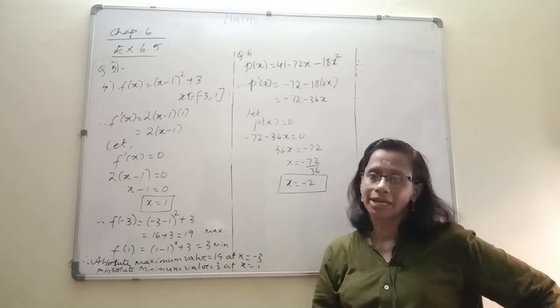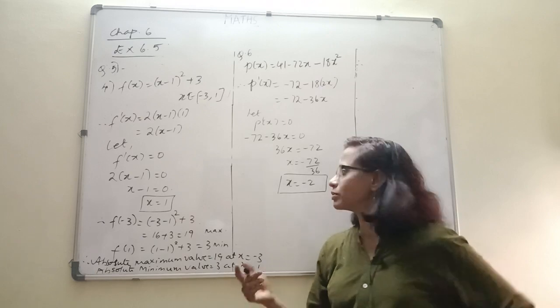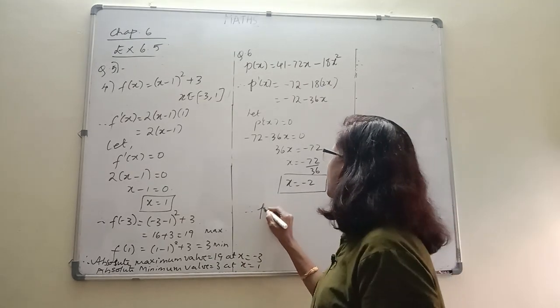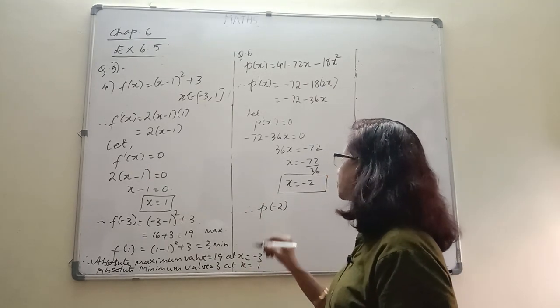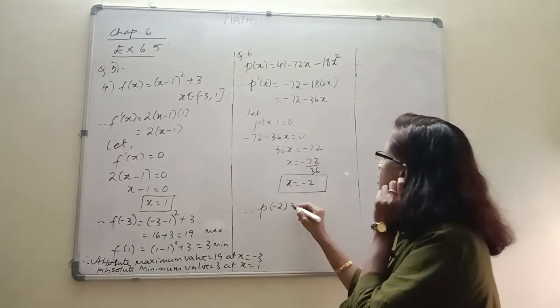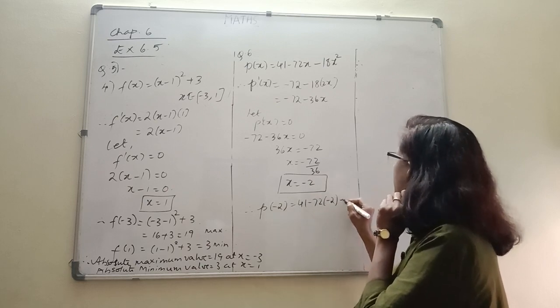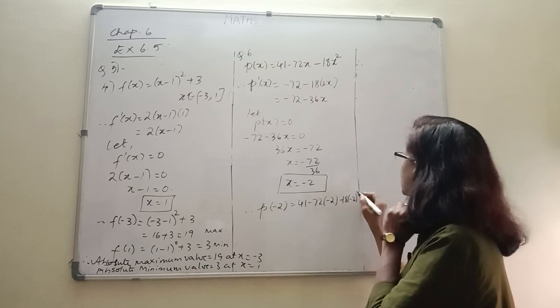You have to find out the maximum profit. They ask you for the maximum profit, so you have to find the profit at that value. Therefore, P at -2. If you want, you can say that -2 is a critical point. So let's find that. It's 41 minus 72 times negative 2 minus 18 times (negative 2) the whole square.